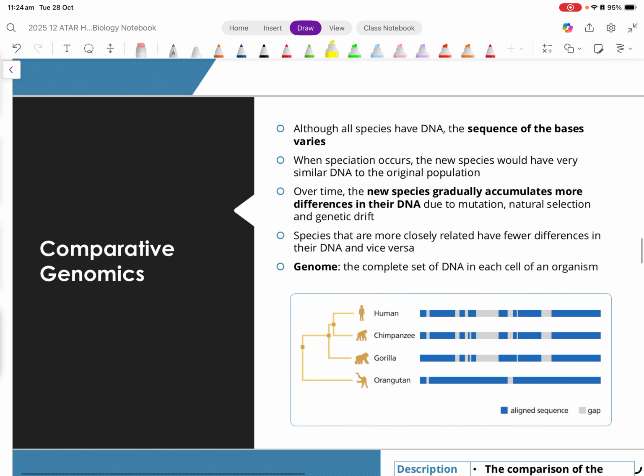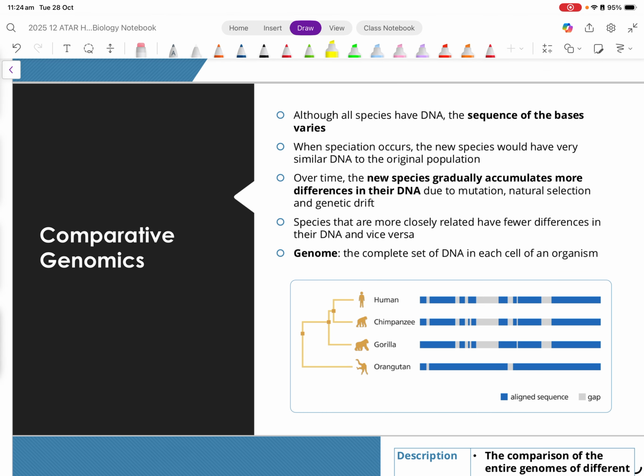When we then talk about comparative genomics, we're now talking about how, while every living species on Earth has DNA, the sequence of the bases varies. We've spoken about speciation previously, where a new species would have very similar DNA to the original species.